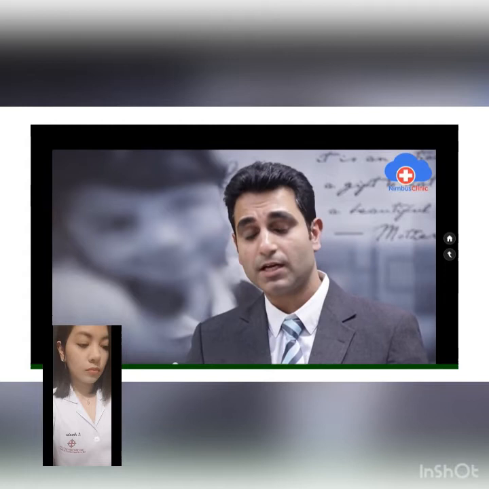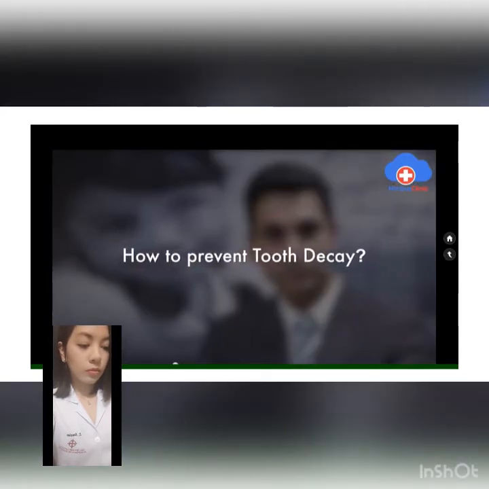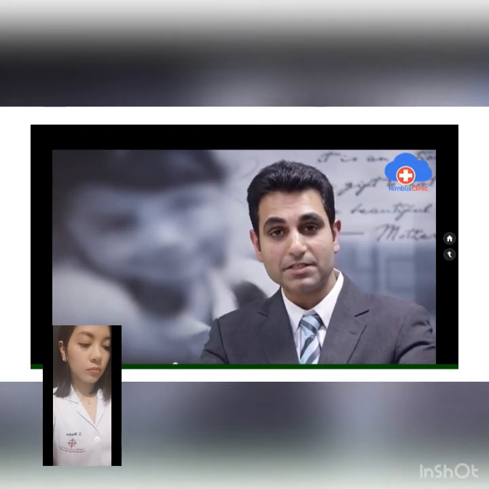The main cause of tooth decay is either not brushing or flossing properly, taking too much of a sugary diet or a diet which is rich in carbohydrates, which harbors more bacteria inside the oral cavity. Not seeing your dentist for a long time is the main reason tooth decay usually happens.